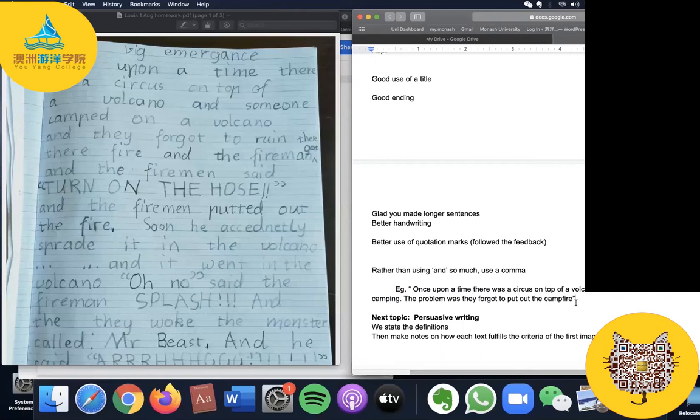It doesn't make sense when you say that the problem was there. It should be the problem was that they forgot to put out the fire. Well, actually, you can say it both ways, Lewis, whichever way you feel better. If you feel better with the that, then sure, keep it there. Do you think that's better instead of saying and? Mm-hmm. Yeah, beautiful. Okay, so use this as a guiding example.